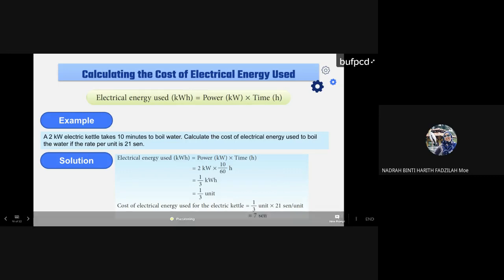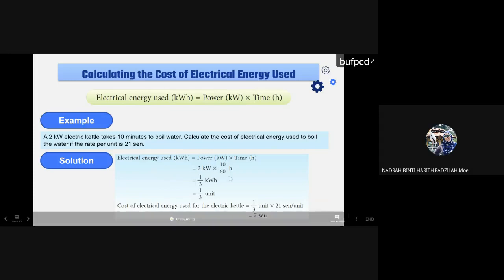So if we do calculations after this, ada juga yang electrical appliances, the amount is 100 cent ke, 200 cents ke, 213 cents ke. So bila nilai dia dah sampai macam tu, you have to convert it to RM lah. RM2.30 misalnya. So once it reaches hundreds of cents lah.